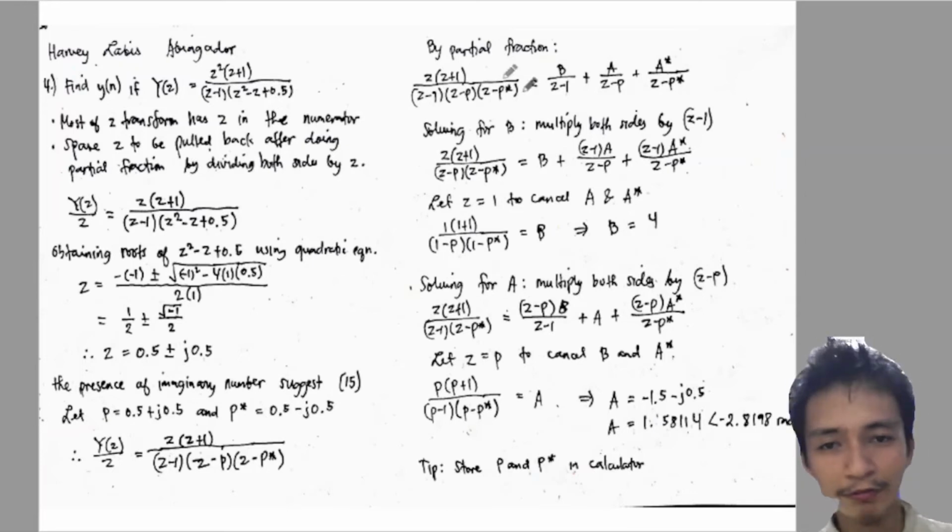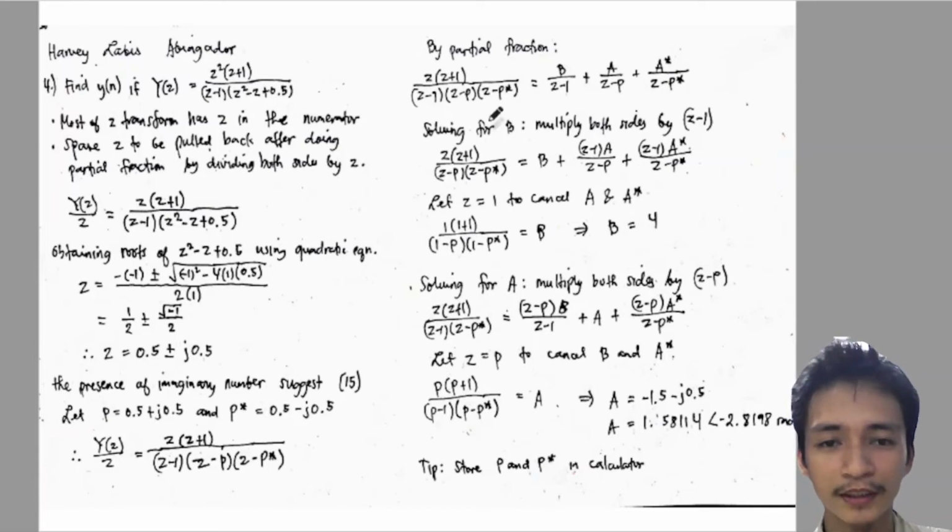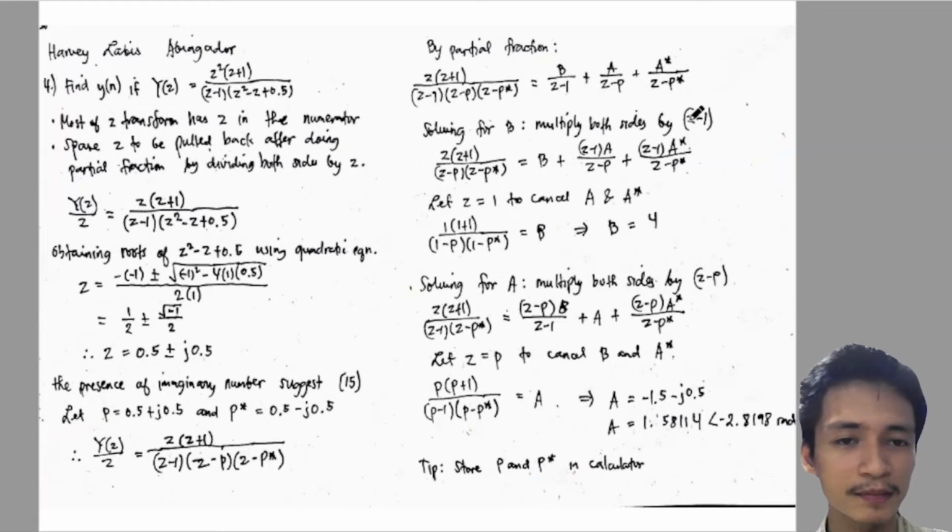By partial fraction, this can be represented as b over z minus 1 plus a over z minus p plus a conjugate over z minus p conjugate. This part is based on our number 15, so I highly suggest you look at number 15 so that you can understand this part. Okay, start with b first. Solving for b, we multiply both sides by z minus 1.